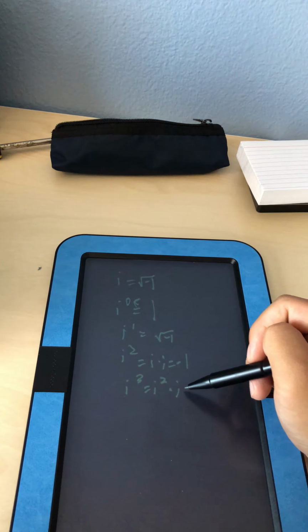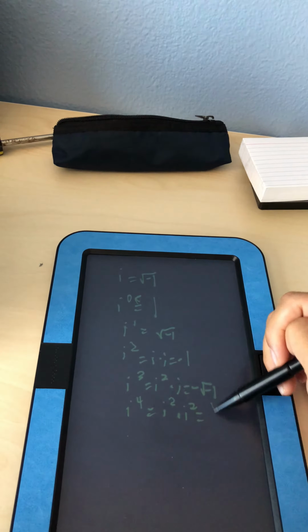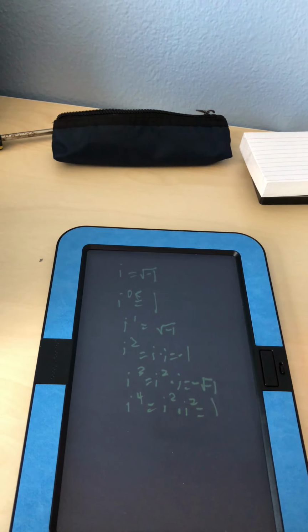So it's negative square root of -1. And i to the fourth is equal to i squared times i squared, which is just 1, because -1 times -1 equals 1.